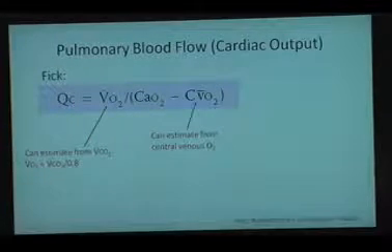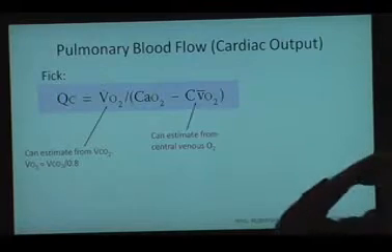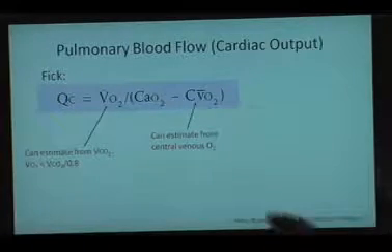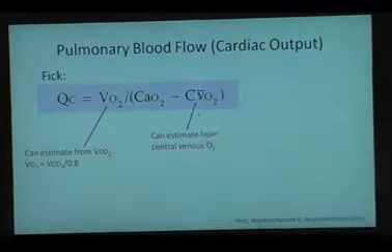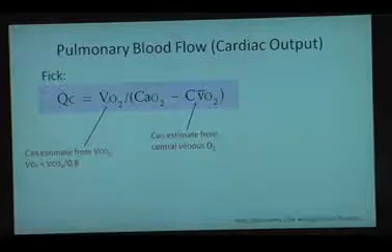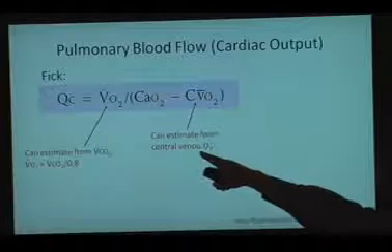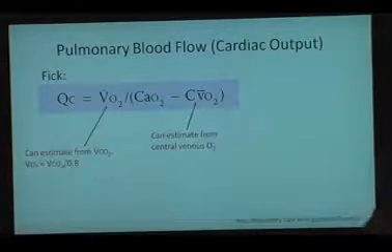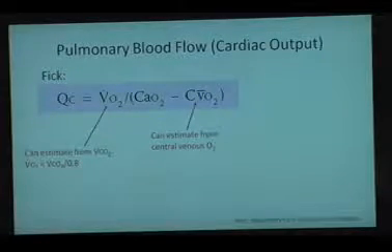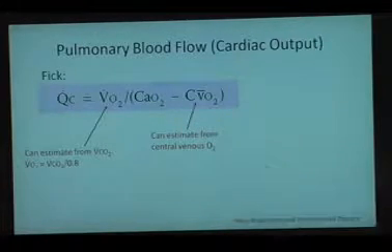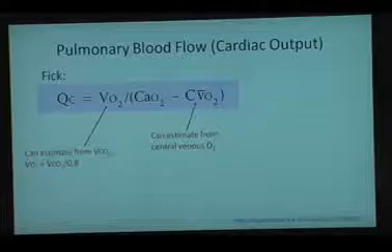And even though most of our patients in the ICU don't have pulmonary artery catheters, and we can't get mixed venous oxygen content, most of our patients have a central venous catheter, so we can get a central venous oxygen content, which is not perfect as it relates to the mixed venous oxygen content, but it's probably close enough for clinical work.